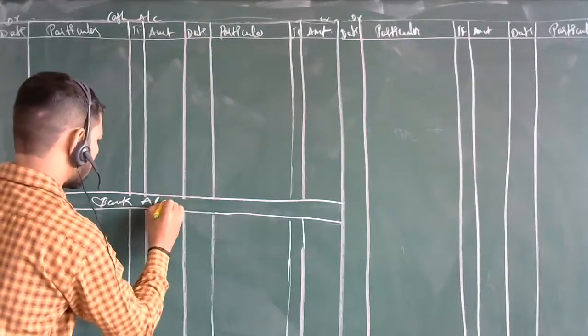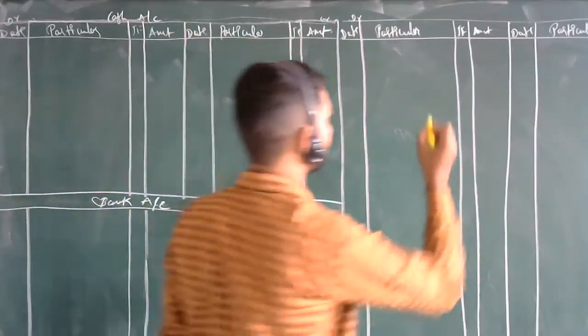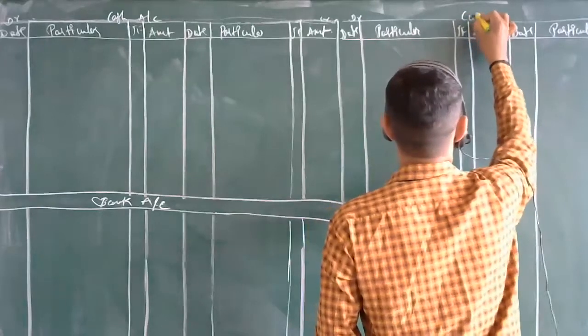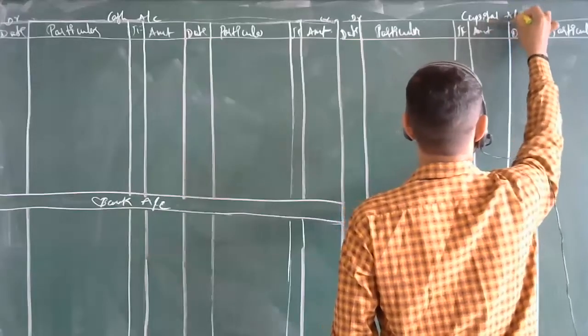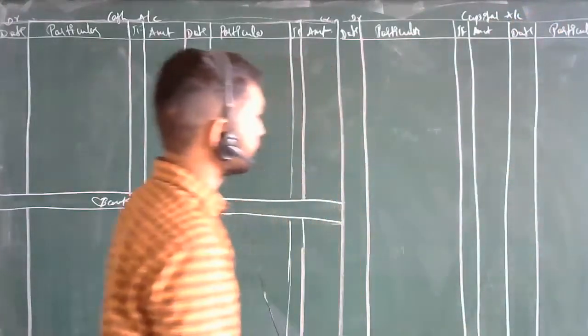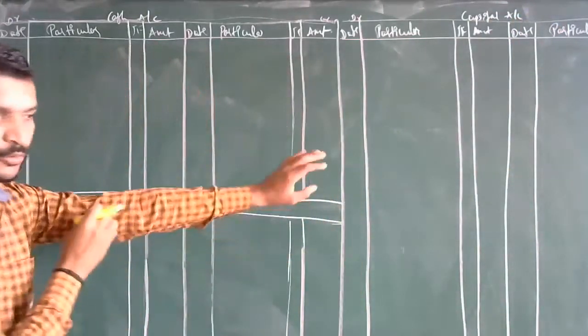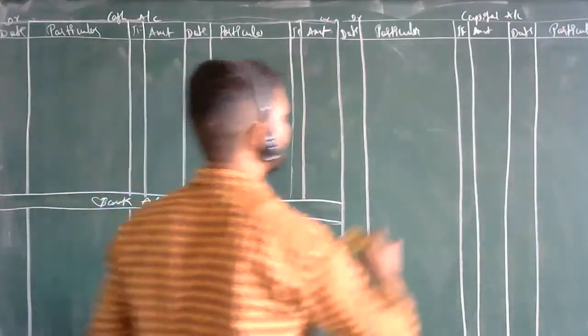Then the other side you can take in small quantity, the capital account. Capital account you can take over there, and then in the small part, only one single entry will be taken over here.